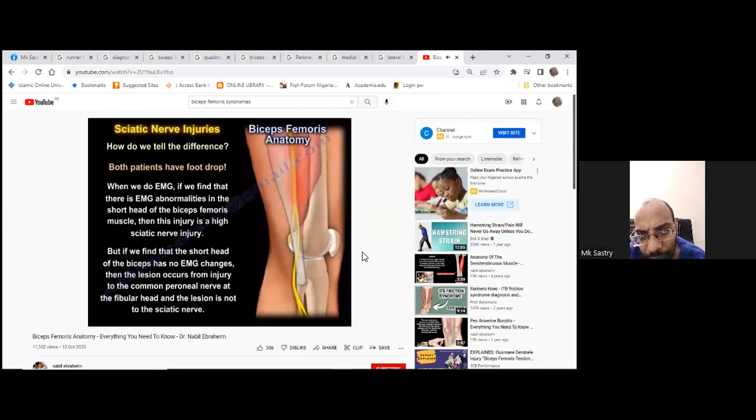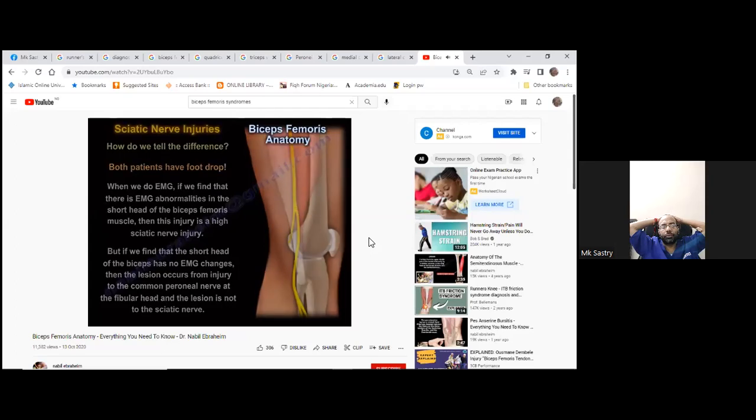When we do EMG, if we find EMG abnormalities in the short head of the biceps femoris muscle, then this lesion is a high sciatic nerve injury. But if the short head of the biceps has no EMG changes, the lesion occurs from injury to the common peroneal nerve at the fibular head, and the lesion is not to the sciatic nerve.